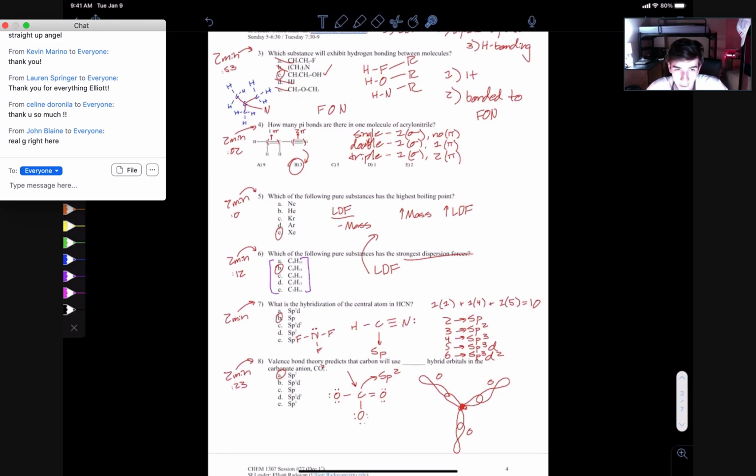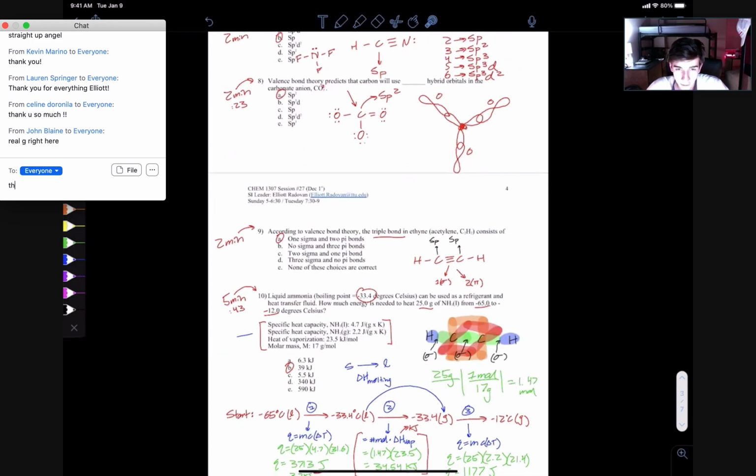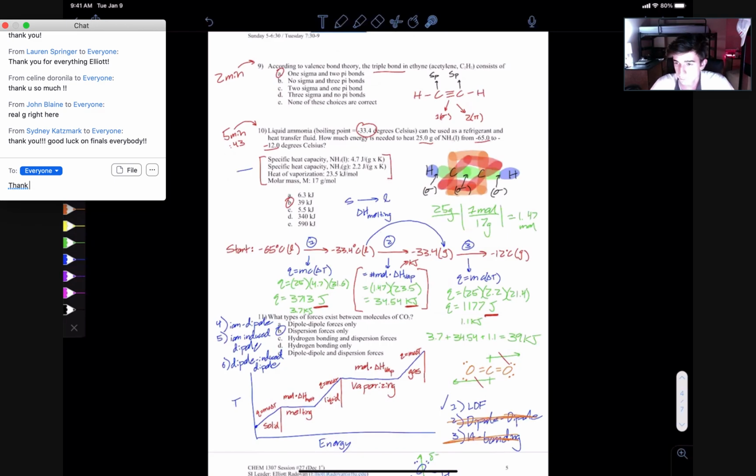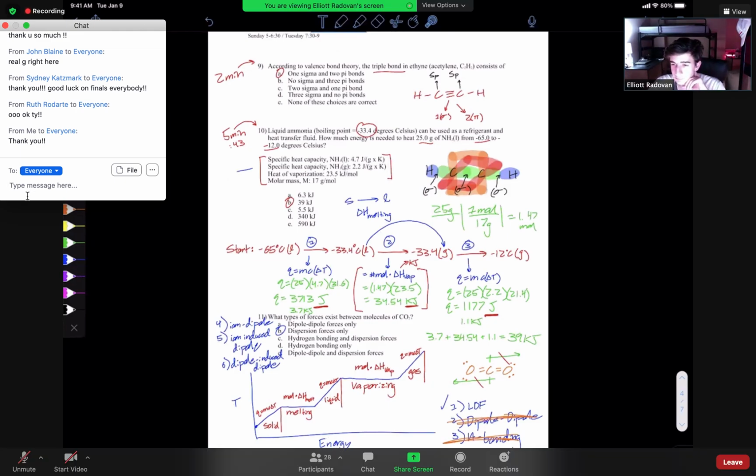Okay, so let me go ahead and move on to this page for the person taking pictures. Good luck to everyone on their final, by the way. I think you guys are going to do well.